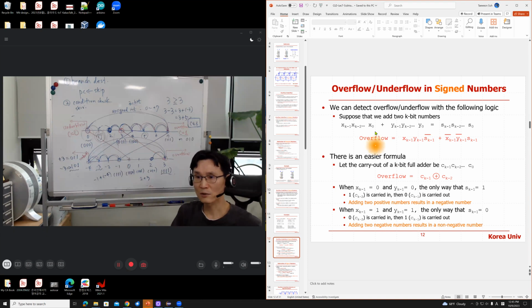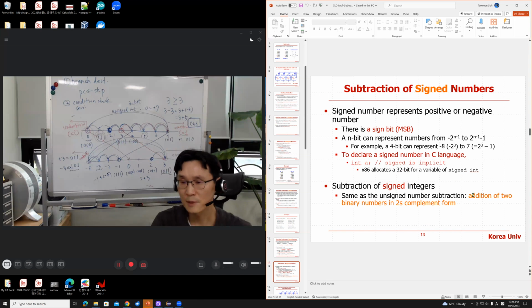So underflow and overflow can be detected using the sign bits of the source operands and the output. But a better formula is using two carries, the last carry out and the second last carry out. You do XOR, then that gives the overflow flag, V flag.